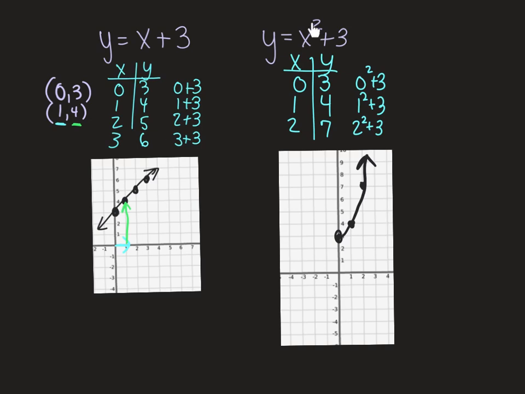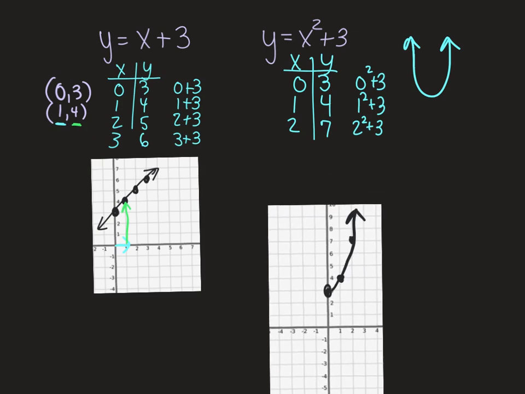Anytime you have this tiny 2, the overall shape is a U, and I can only see half of my U. So I did not pick enough numbers. I'm going to have to start picking some numbers over here to see this part of the U. So let me move this down.